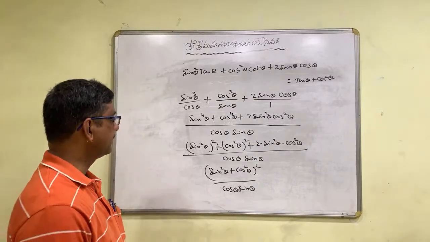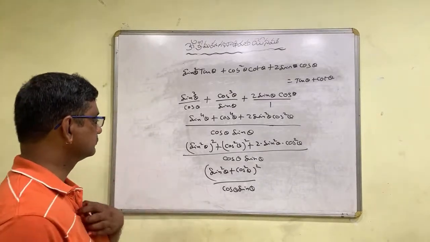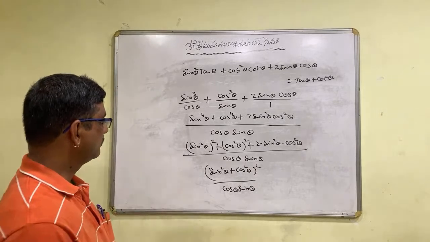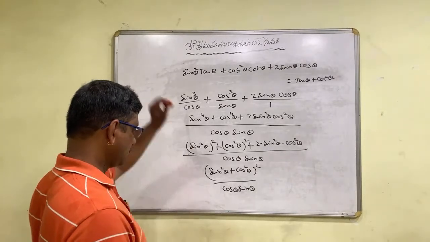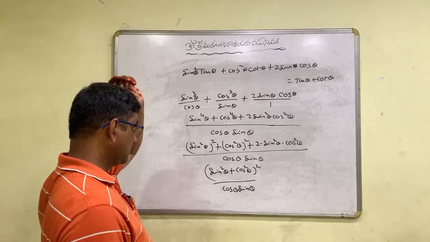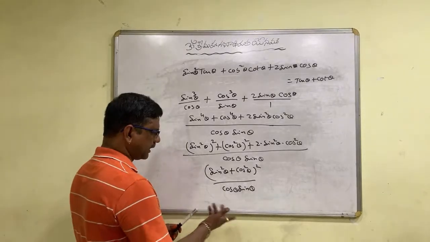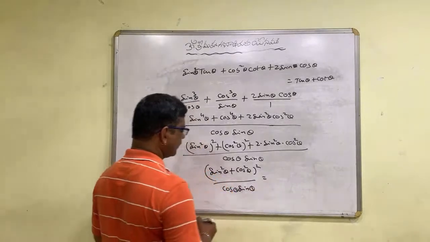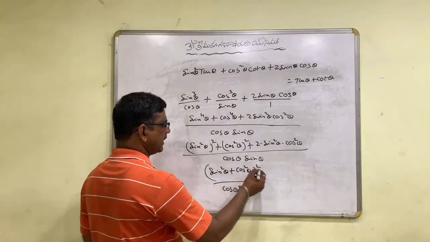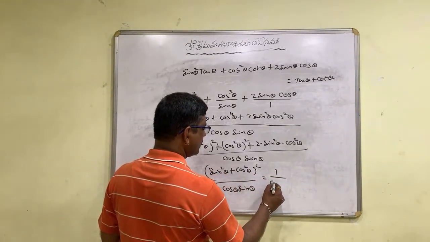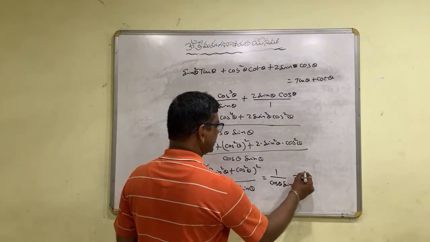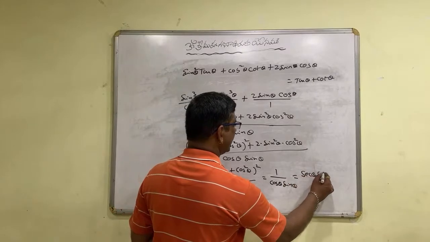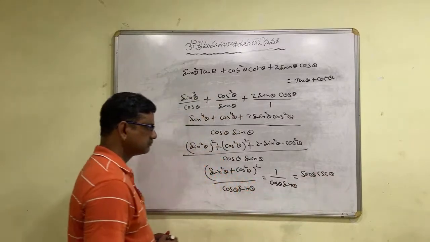Without putting 1, what to do? Yes. Oh, this is not okay. Now we need to keep 1 only. Sorry, we need to keep 1 only. 1 square, 1 by cos theta sin theta, which is nothing but secant theta cosecant theta.